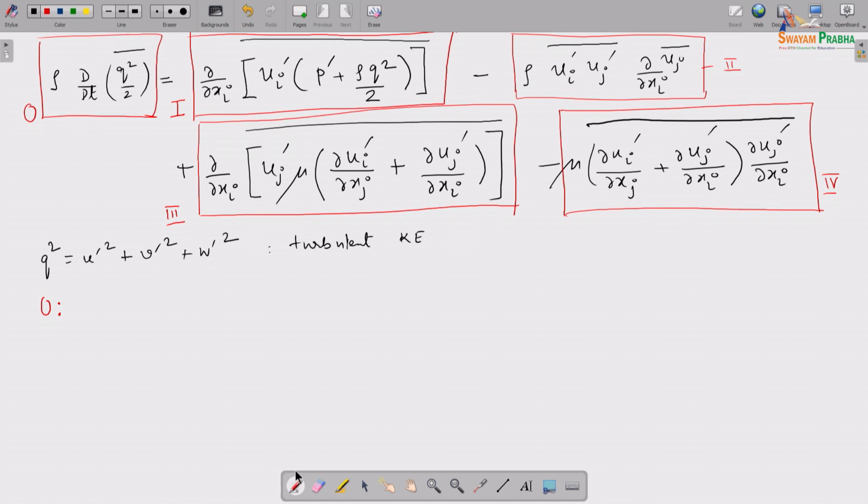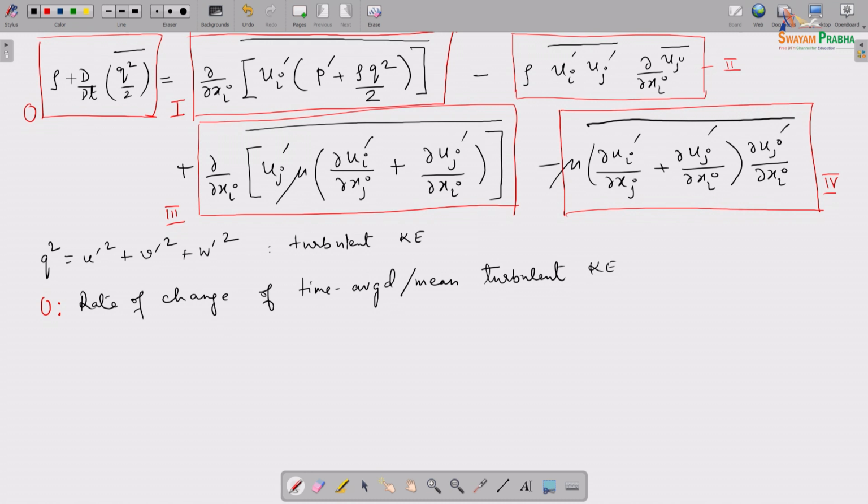So this is the rate of change of time averaged, or mean, turbulent KE, basically half rho V square.